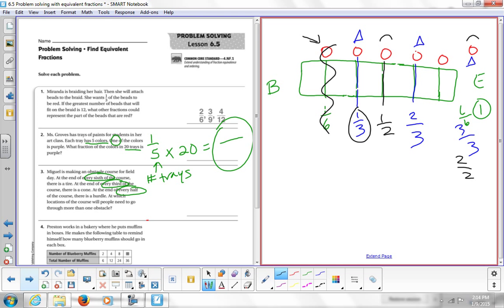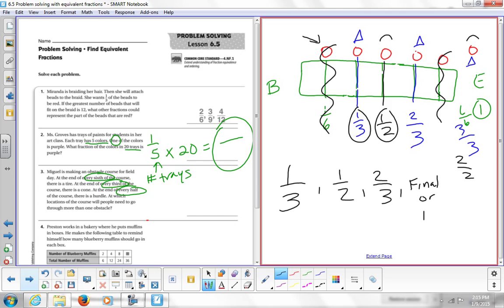Here's 2, so 1/3 is an answer. Here's 2, the hurdle and the tire at 1/2, sorry. And here's 2 at 2/3. This one doesn't have one, but the end does, so this will be the final, or 1. Okay, so that would be your answer for number 3.